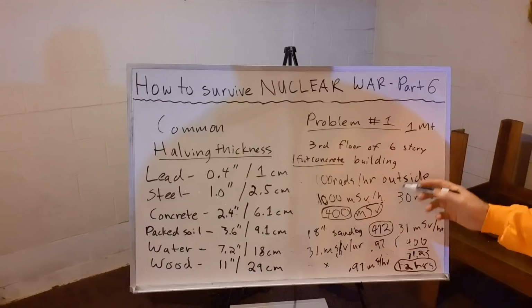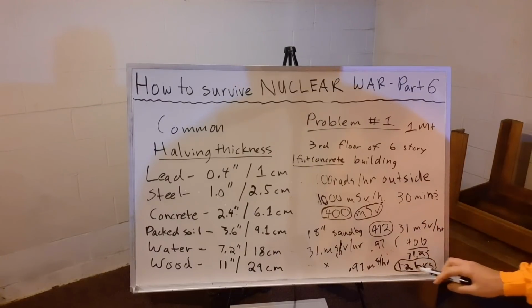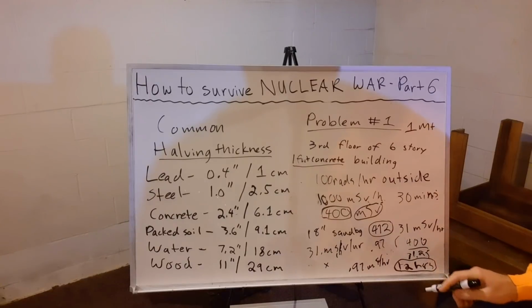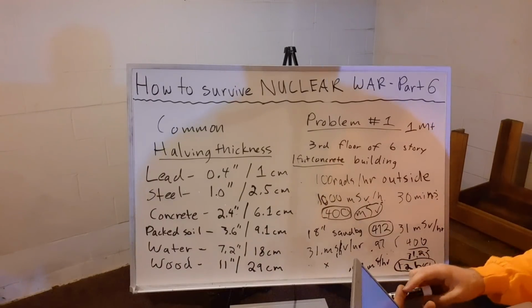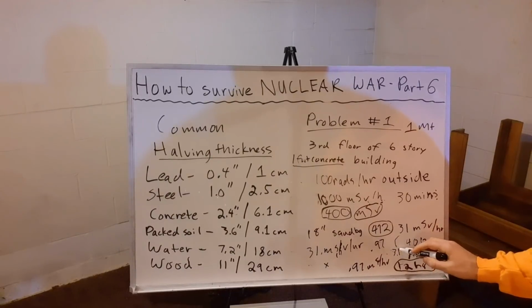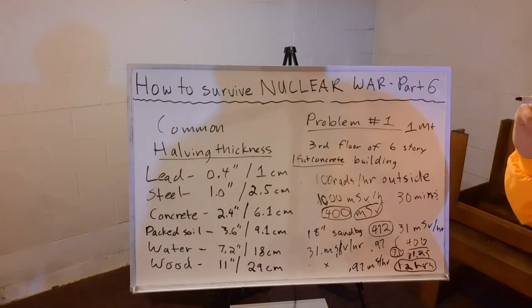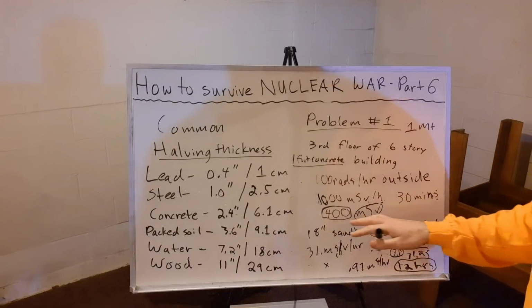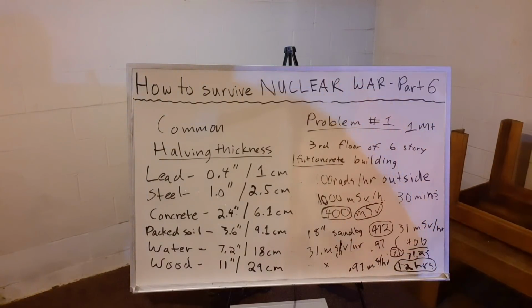So after 7 hours, we won't even get to 12 hours here because it's going to decay rapidly. The first 7 hours, it's going to decay by a factor of 10. Okay, so it's going to go down to 3.1 millisieverts per hour after 7 hours. Remember that. Okay, so that's a critical calculation for shielding.